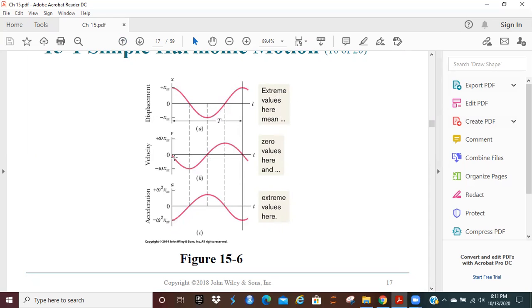So in other words, our velocity graph should be crossing the t-axis here at 0 at those extreme values, and indeed it does. And then if you take the derivative of this function, you're looking at the slope of that, and you end up with extreme values just on the opposite side, minus omega squared x sub m. So that should follow from the definition of the formulas there.